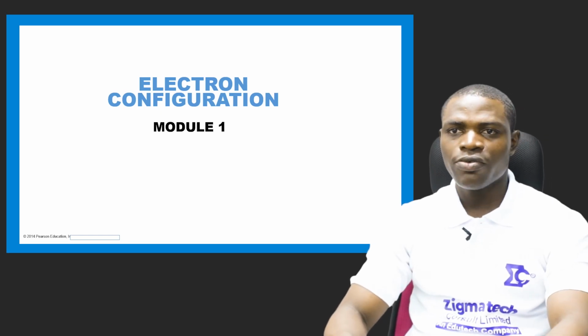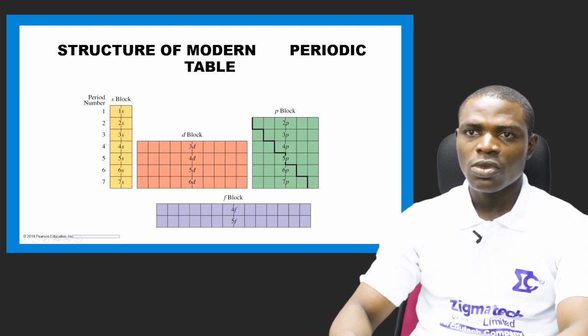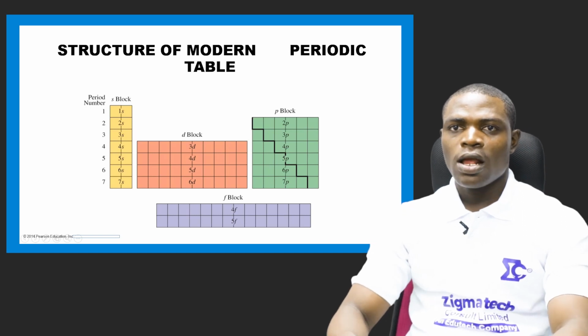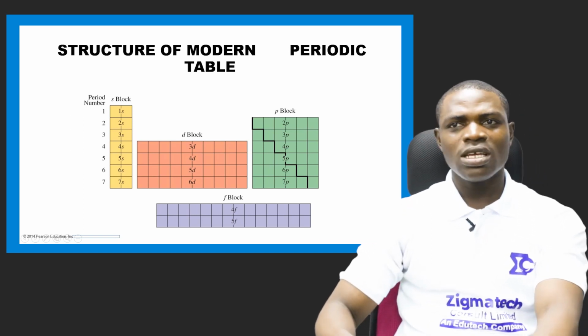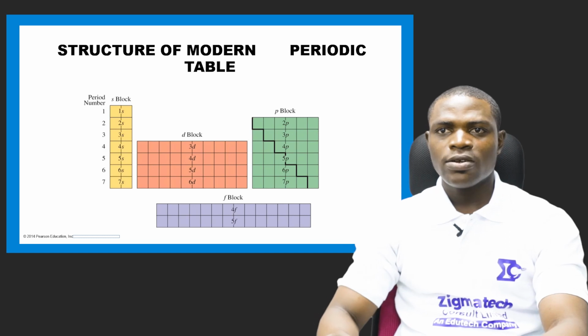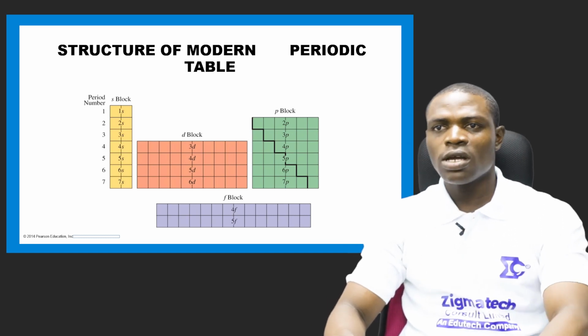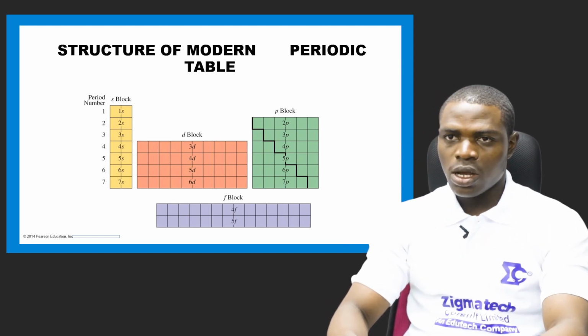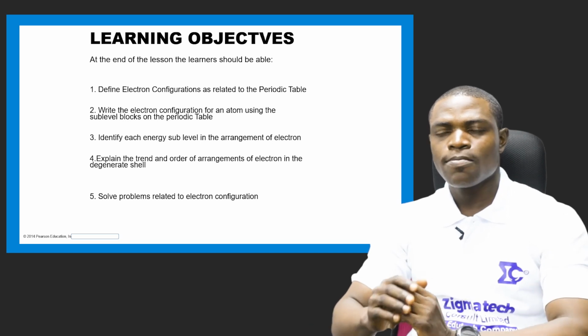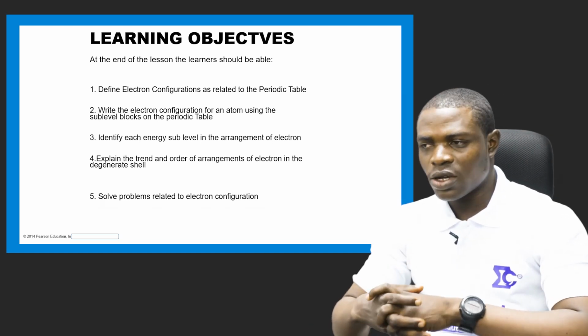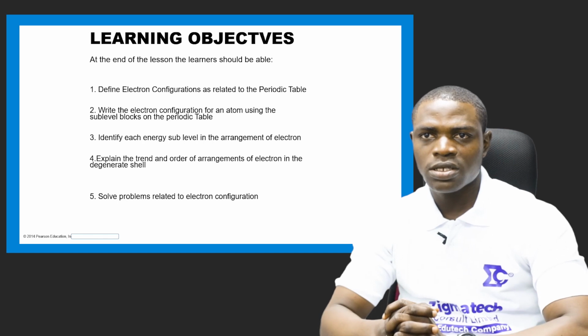Electron configuration. Now today I'm going to quickly take you through the structure of the modern periodic table, and before then I would like to acquaint you with the learning objectives for this lesson.